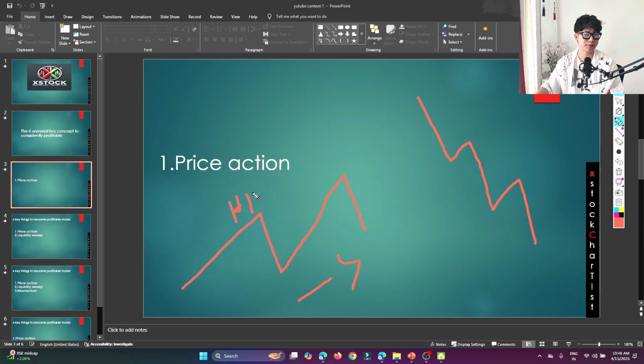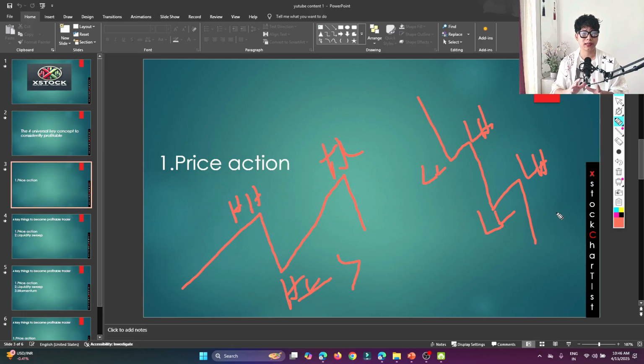Higher high, higher low, higher high, and so on. And in a bearish trend you have lower low, lower high, lower low, lower high, and so on. You need to understand this, because understanding market structure will tell you the market direction.